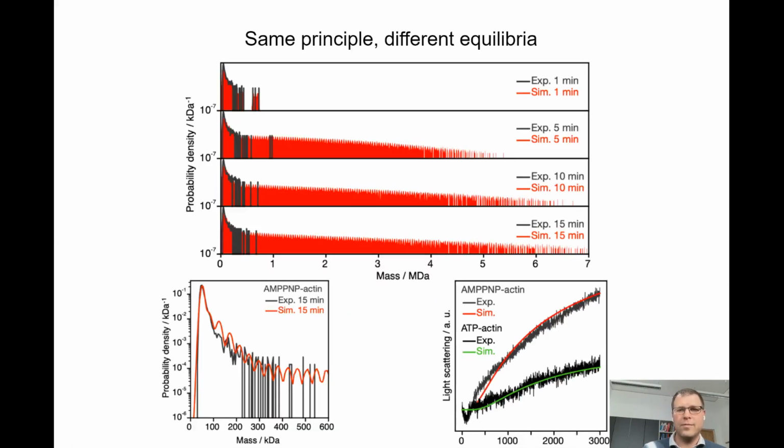And in fact, I could explain the data that I got out again very well. And I even observed that ATP actin would give me a lower amplitude in my bulk polymerization curves than the AMP-PNP actin. And the simulation with this model could even explain the discrepancy in the amplitudes in these two different experiments.